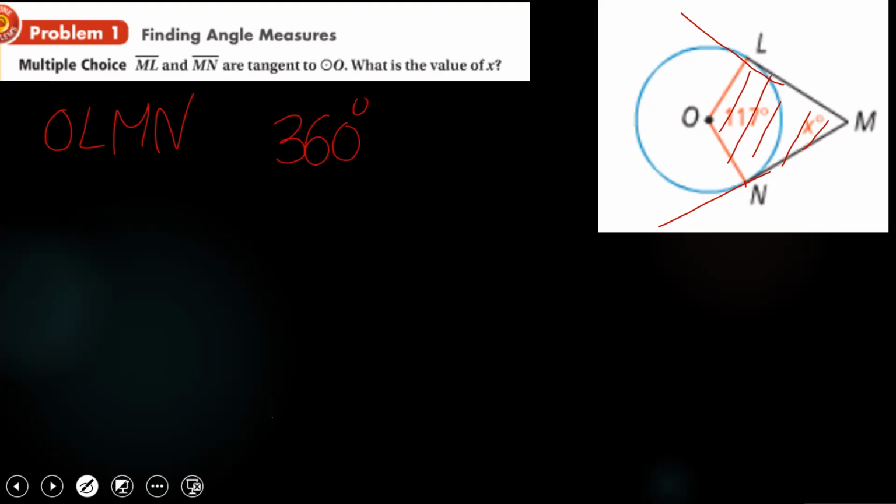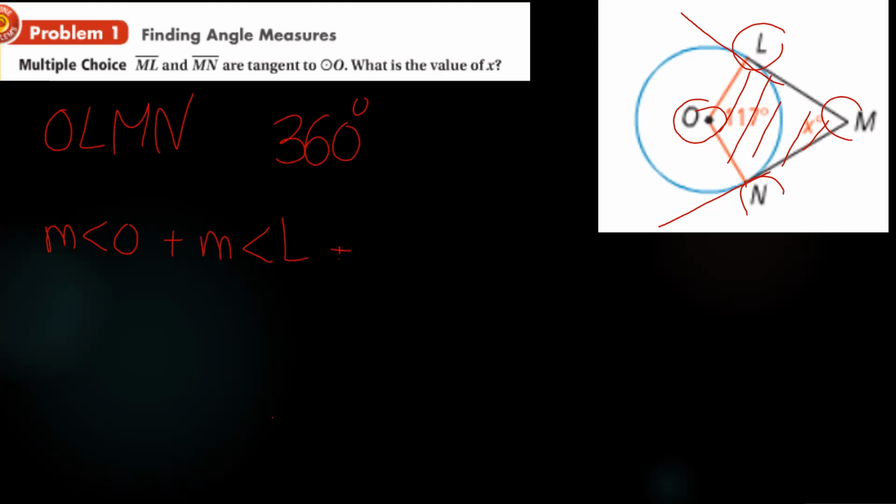So what does it mean? That means angle O plus angle L plus angle M plus angle N is 360. So let's say the measure of angle O plus the measure of angle L plus the measure of angle M plus the measure of angle N is 360.